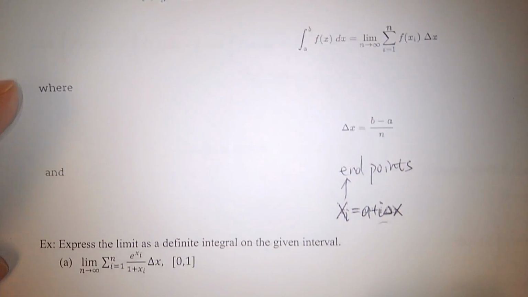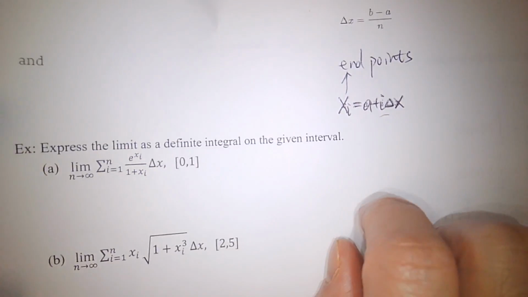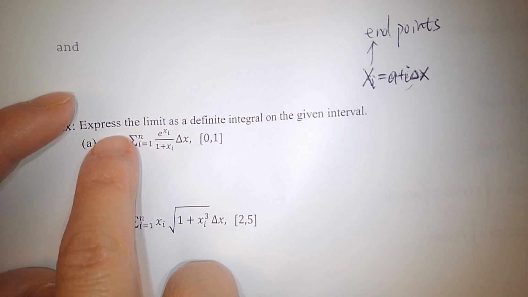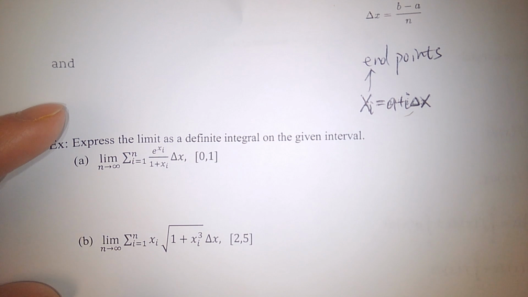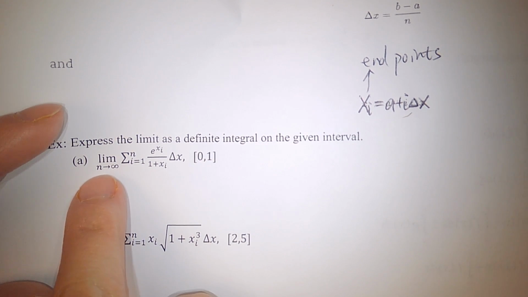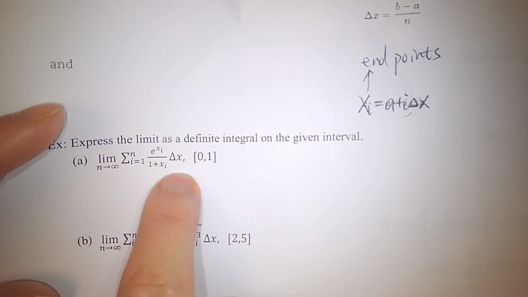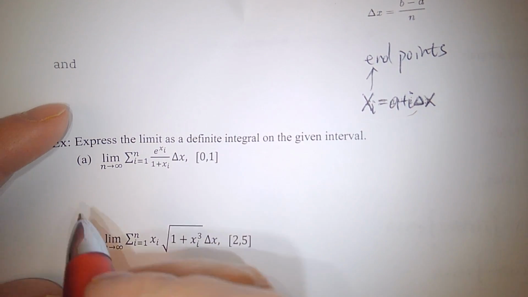Now let's look at a practice question directly. In this example, express the limit as a definite integral on a given interval. How do we express this limit as a definite integral?